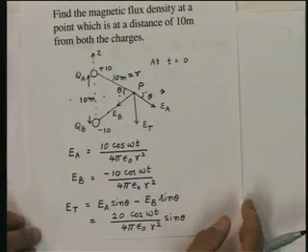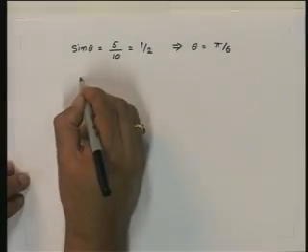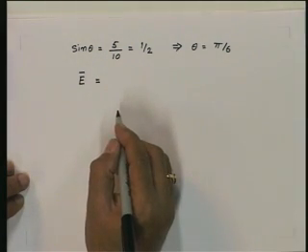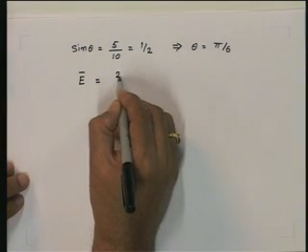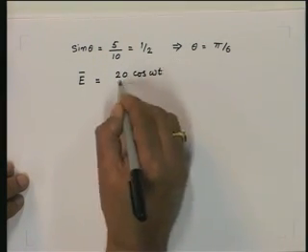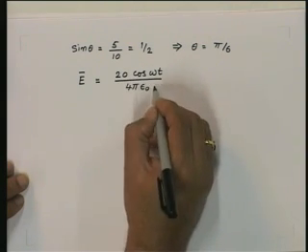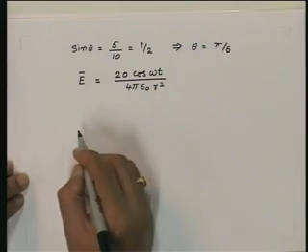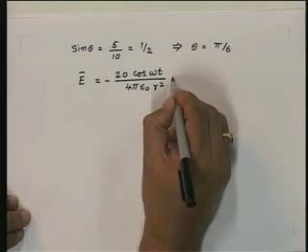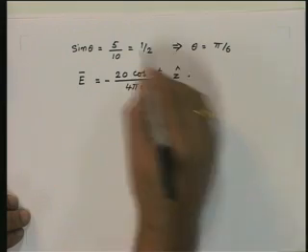If you want to write down the total vector electric field at this location, we can write the electric field E, which is equal to 20 cos of omega t divided by 4 pi epsilon 0 r square, and since this field is oriented in the negative z direction, I can put a negative sign here with z cap, multiplied by sine of theta, which is 1 by 2.